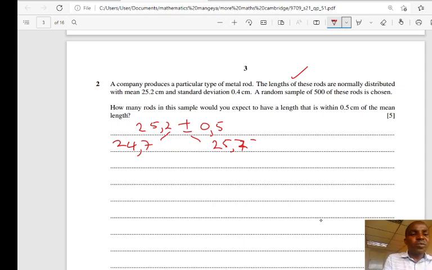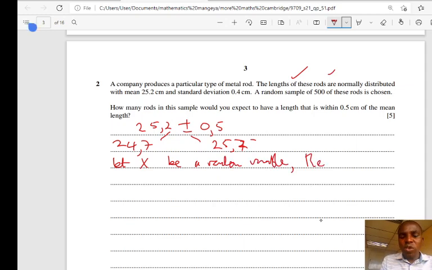So first thing, you say let X be a random variable. This X is not supposed to appear from nowhere. You have to let it first. Let X be a random variable representing the length of the rods in this case.